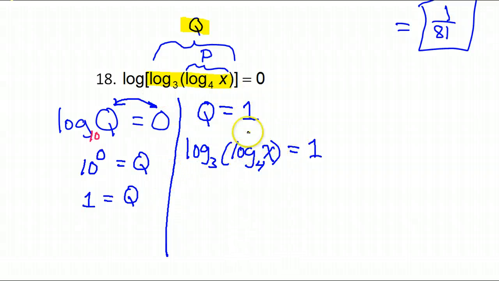But now we have to break it down more. We're through with Q. Now at the next level, I don't like having this log within a log. It's still too hard. So let's replace the log base 4 of x with P.